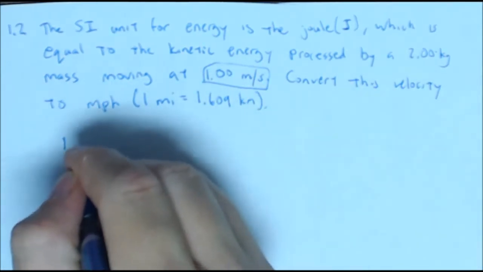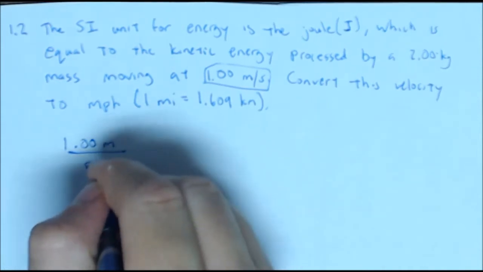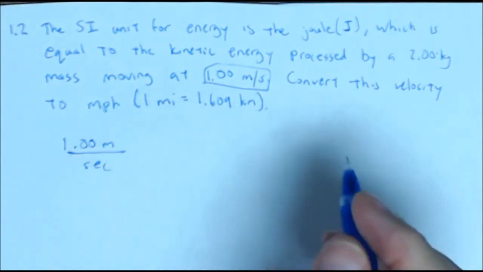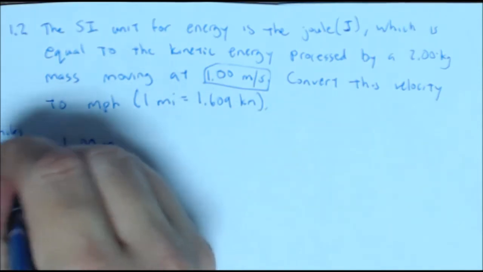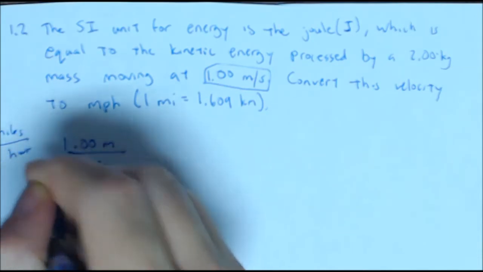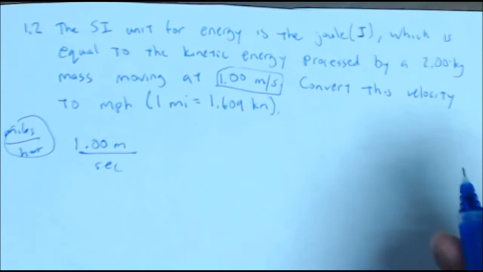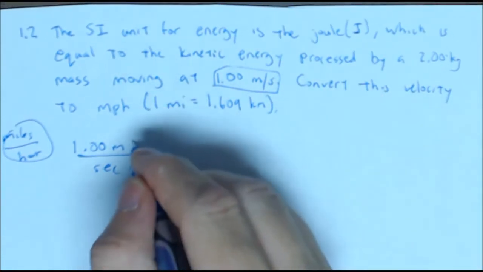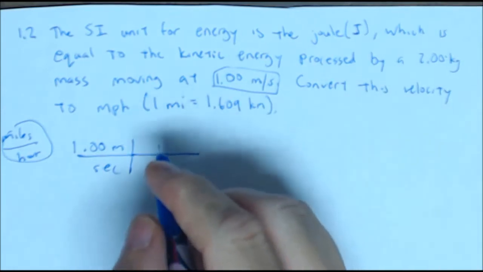Okay, so I'm going to set this up: 1.00 meter per second, and I'm aiming for miles per hour. That's our target for this particular problem. So let's set up our cross diagram. The first thing I'll do is convert time, since I don't have to look that up.